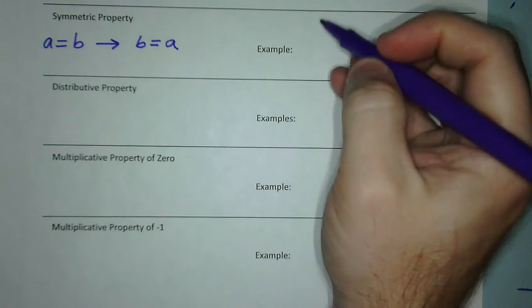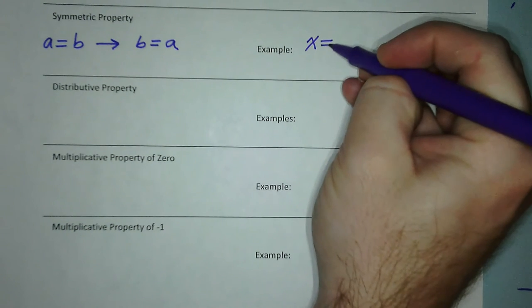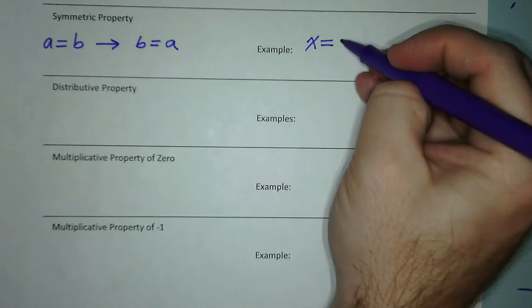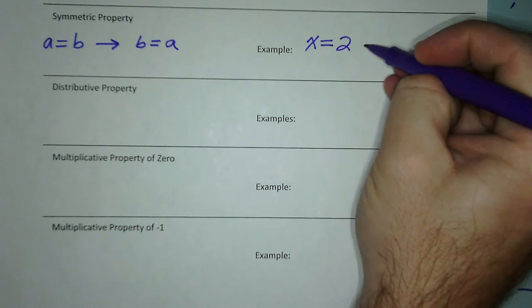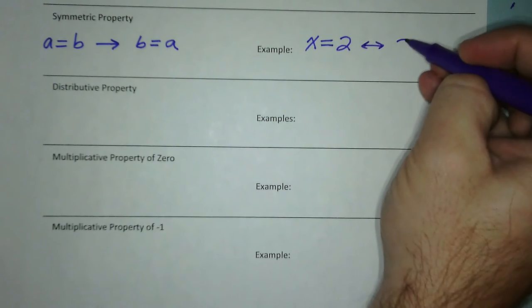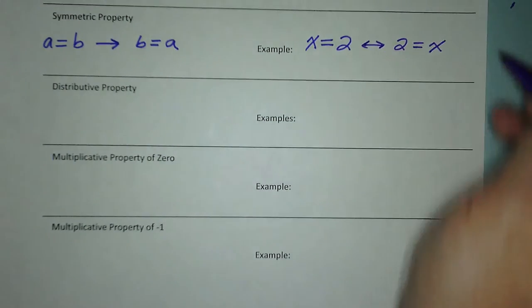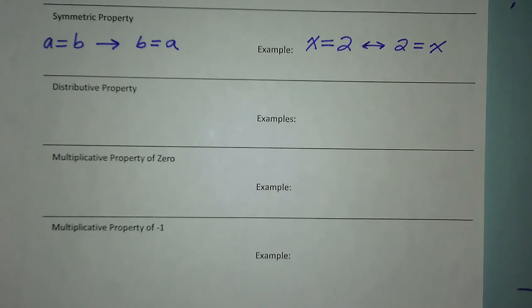So as an example, if you can say that X equals 2, you could also say 2 equals X. It doesn't matter which, when you have an equal sign, two things that are equal.